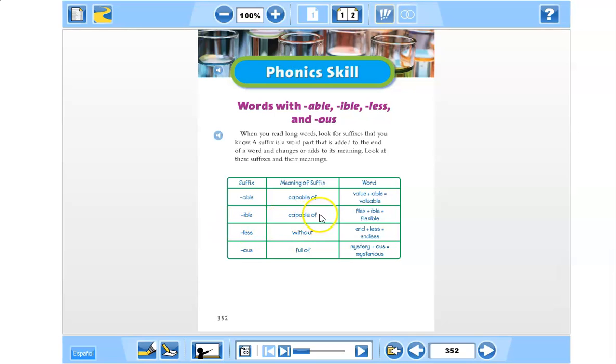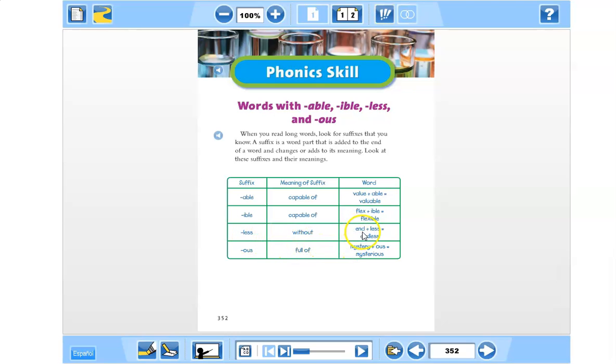For ible, it's capable of. We have flex and then ible. And you'll see that flex doesn't have any E that we need to get rid of before we add on our suffix.